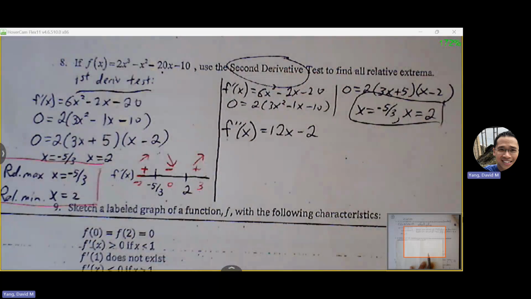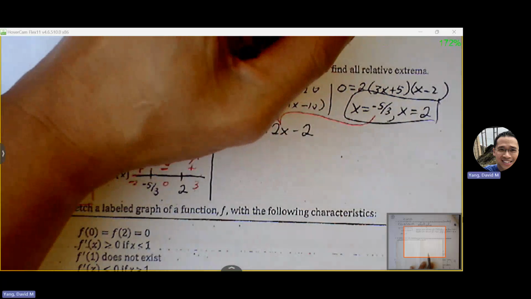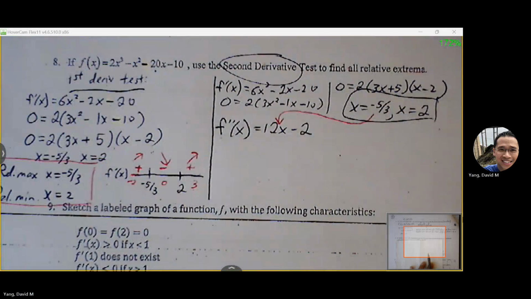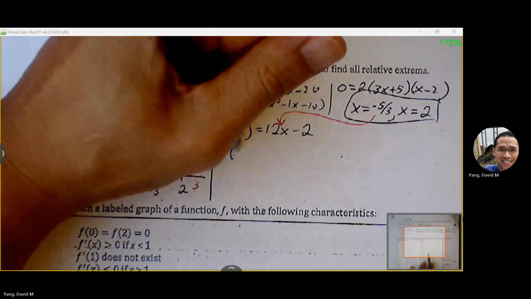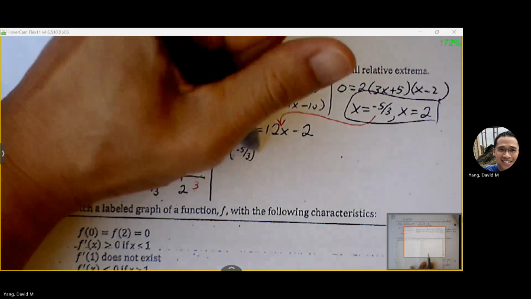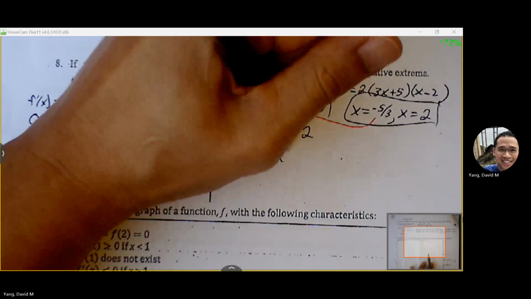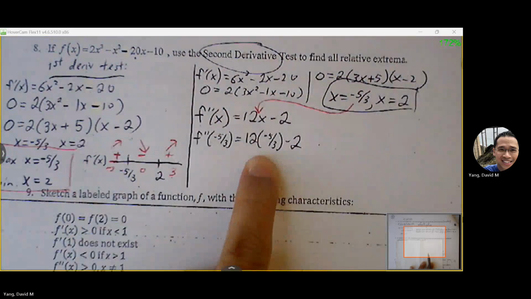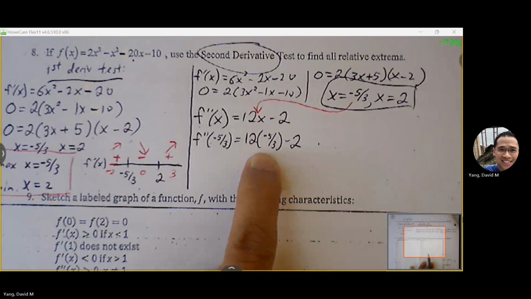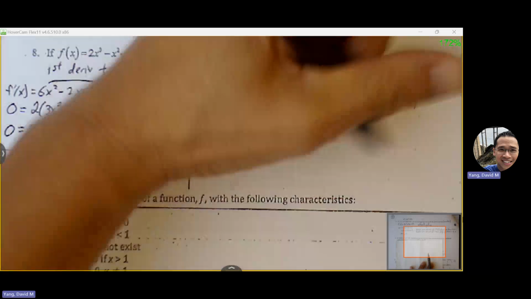So what we're going to do is take these numbers and plug them in for the x of f double prime. We're going to gather information about it. So f double prime of -5/3 is equal to negative 4 times 5, which is -20. -20 minus 2 is -22.